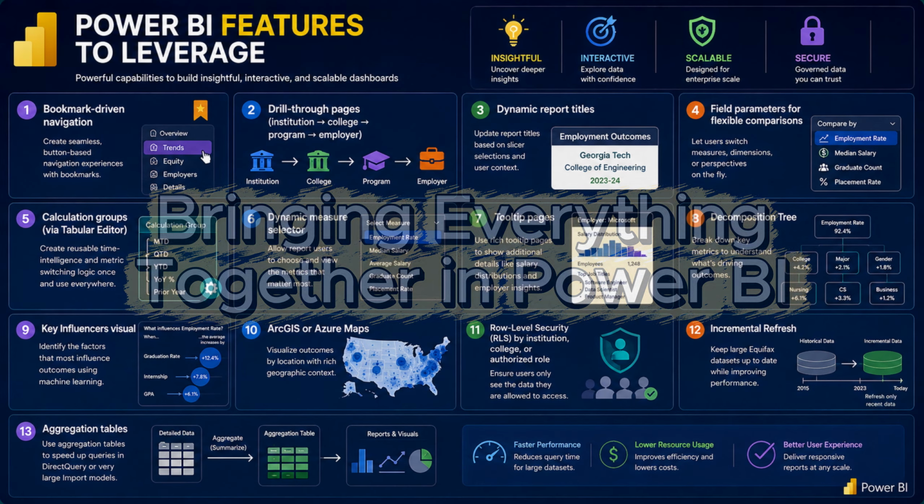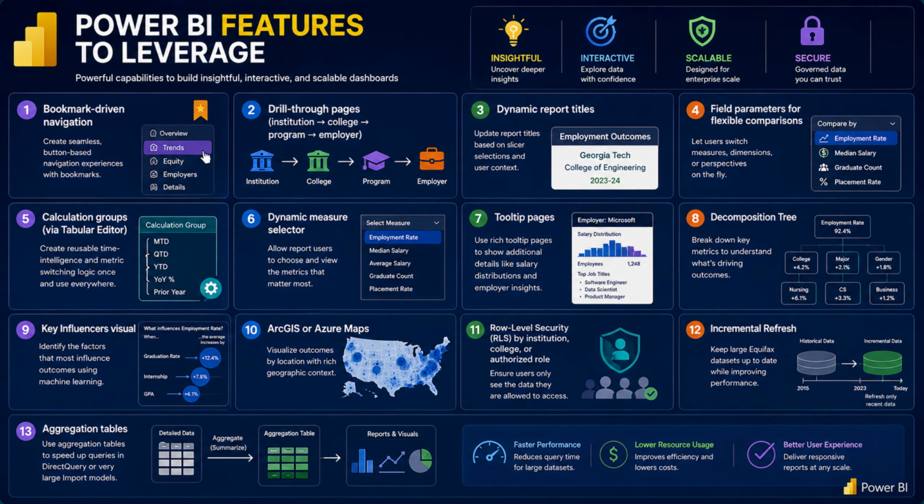How do we make all these dashboards feel like one application rather than disconnected reports? Power BI gives us the tools. Use bookmark-driven navigation to create a clean user experience. Use drill-through pages to move from institution to college to program to detail. Use dynamic titles so every page clearly communicates the current selection. Use field parameters and dynamic measure selectors so users can switch between employment rate, salary, graduate count, and other metrics without duplicating visuals.